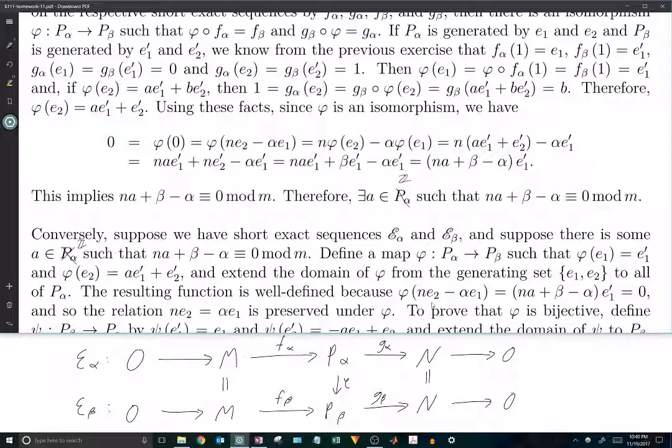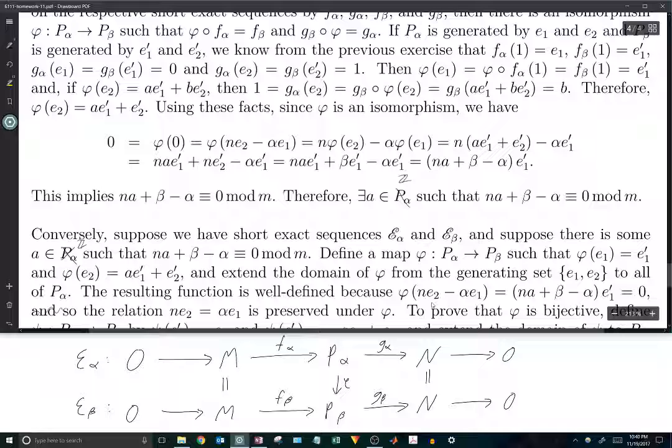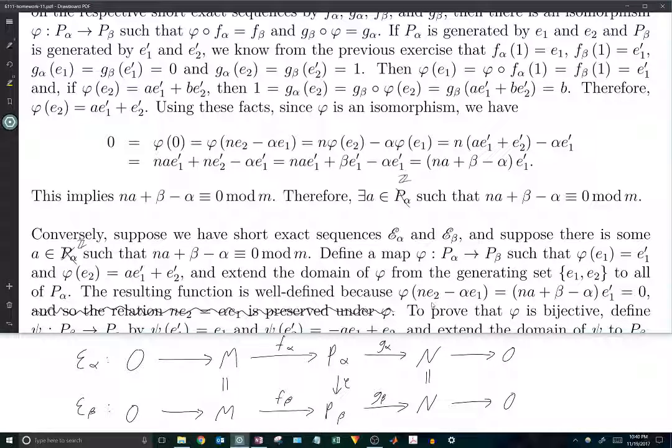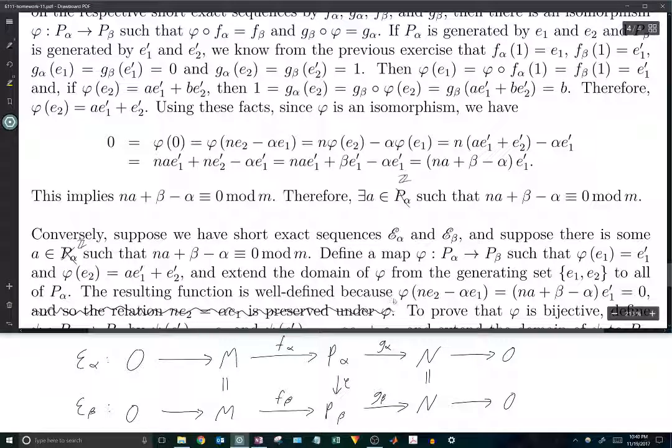I don't think this part really makes sense, that the relation is preserved. It's sort of preserved in the sense that if you apply the relation, then you're not going to change the answer. But this might be an awkward way of phrasing it, so it might be best to just say the resulting function is well defined because of blah blah blah.